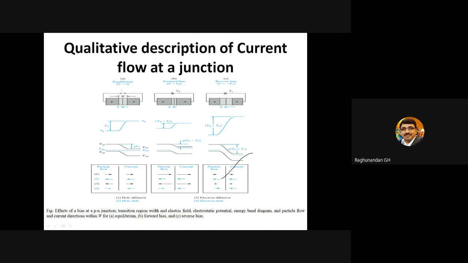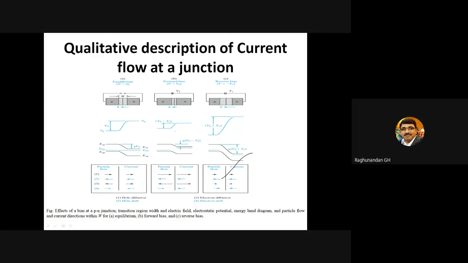Take a voltmeter and measure it. When you measure, it is going to show the voltage you have across this depletion layer. So the depletion layer has this much voltage. Between the P layer Vp and Vn, you have this much barrier potential.